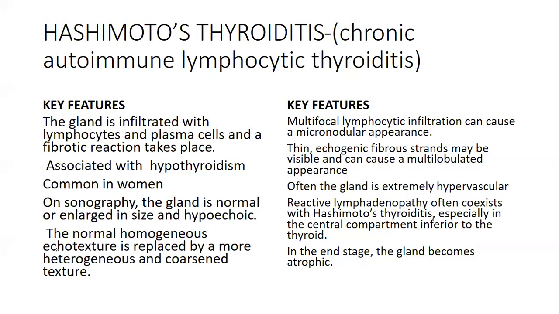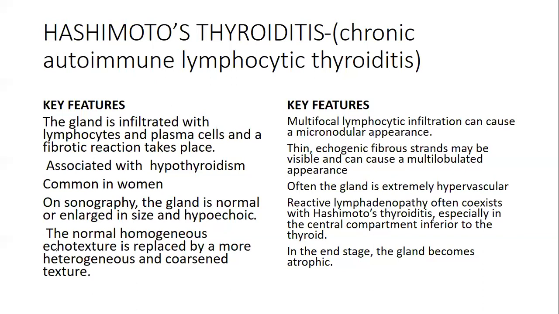There are some nodule-like structures mimicking nodules that form in the parenchyma, which give it a non-homogeneous echo texture.